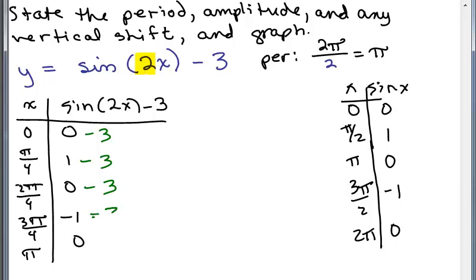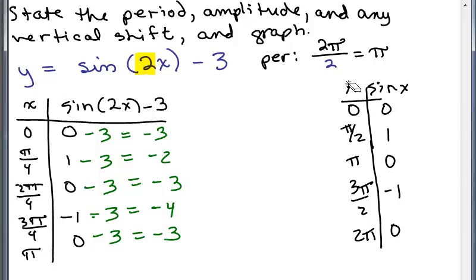Now, you don't have to show that. You could do that in your head if you want. 0 minus 3 is just negative 3. This will be negative 2, negative 3, negative 4, and negative 3. So our ordered pairs will be 0, negative 3, pi over 4, negative 2, 2 pi over 4, negative 3, 3 pi over 4, negative 4, and pi, negative 3.